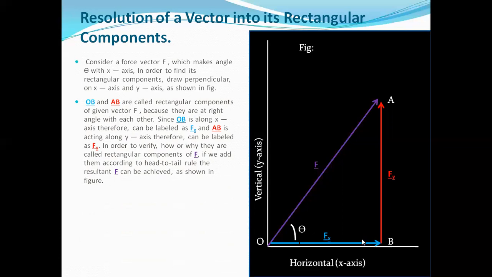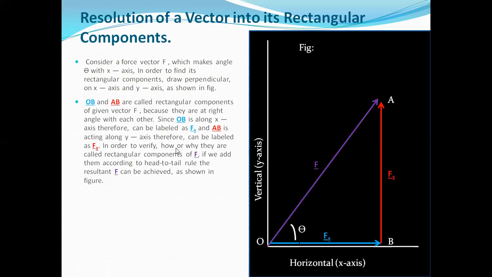That means they are making a 90-degree angle with each other. Since OB is along the x-axis, therefore it can be labeled as Fx. And AB is acting along the y-axis, therefore it can be labeled as Fy. And AB, which is a segment over here, can also be called Fy.